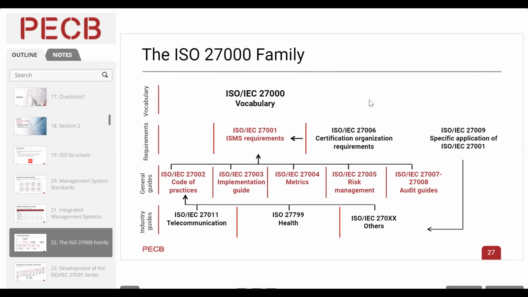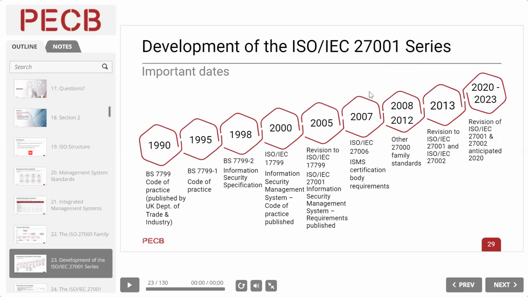So this is the history of ISO 27001. It started as a British standard back in 1990. You can imagine that a lot of the standards came out of Britain, you know how they are very prim and proper, very straight. A lot of the things that we are using, ITIL for instance, is from Britain. Prince 2 is from Britain.